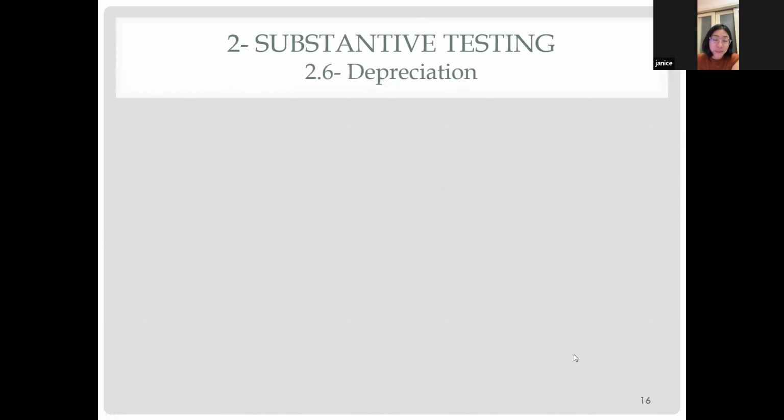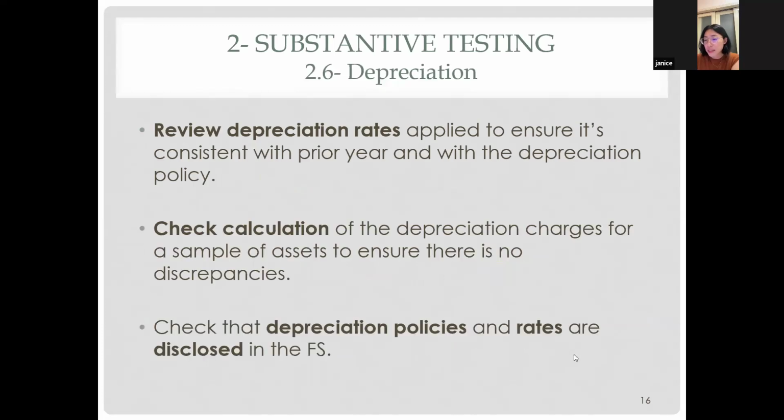And finally, one of the last things we have to do would be the depreciation. So, as I mentioned, I think I showed you 2 times already. We need to check the depreciation policies and rates if they are properly disclosed in the financial statement.